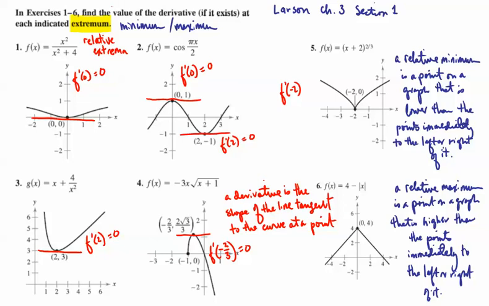F prime of negative 2 does not exist, and it doesn't exist because there is a sharp turn there. Whenever we have a sharp turn in a graph, there will be no derivative at that point. Same thing holds for number 6. We have a sharp turn at x equals 0, and so we would say f prime of 0 does not exist. We don't say equals does not exist, just simply does not exist.